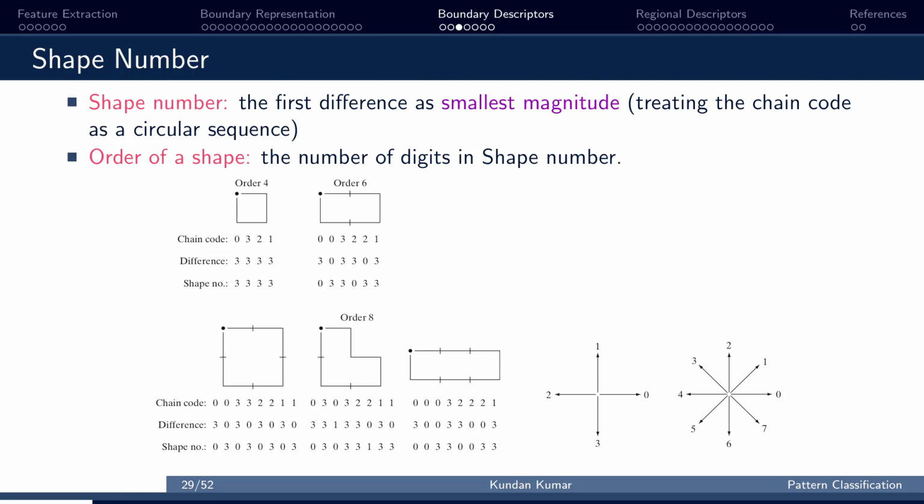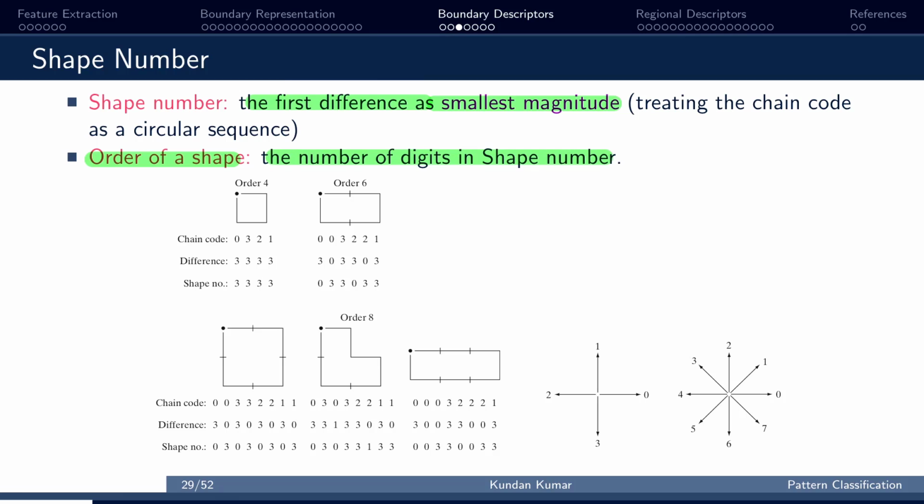So how can we compute the shape number? It is the first difference of smallest magnitude that we defined in our chain code. The differential chain code, which is invariant to rotation, is our shape number, and the order of the shape is the number of digits in the shape number.